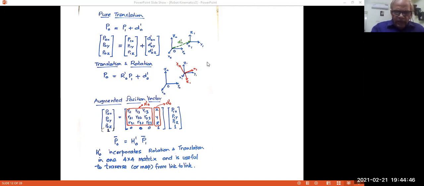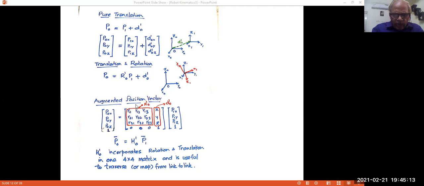And then you get the coordinates in the frame parallel to 0, like the previous case. So all you have is R10 P1 in the place of P1. That's all. So this is going to be the new relation if it is taking into consideration rotation also. So there is rotation and also translation. This is the equation.